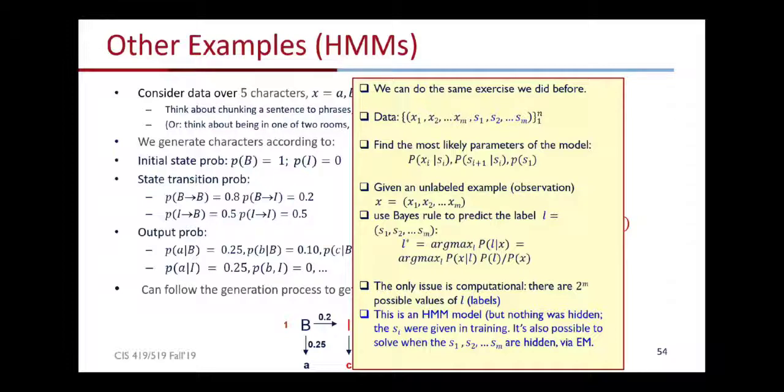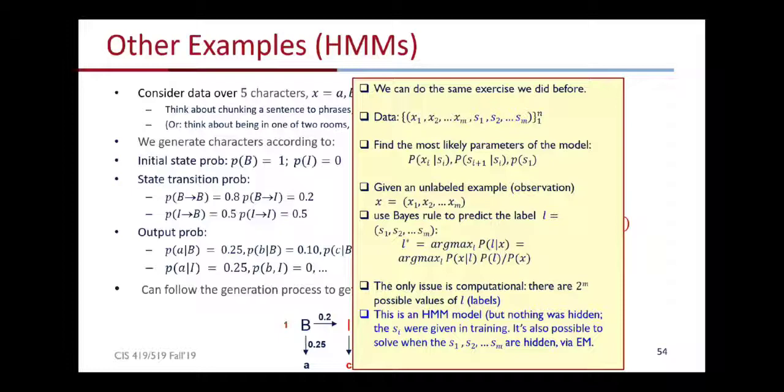So the way I'm presenting the problem here, it's actually a difficult computational problem. Because if the label is this, and let's assume that each state is only binary, there are way too many labels, right? 2 to the m labels.